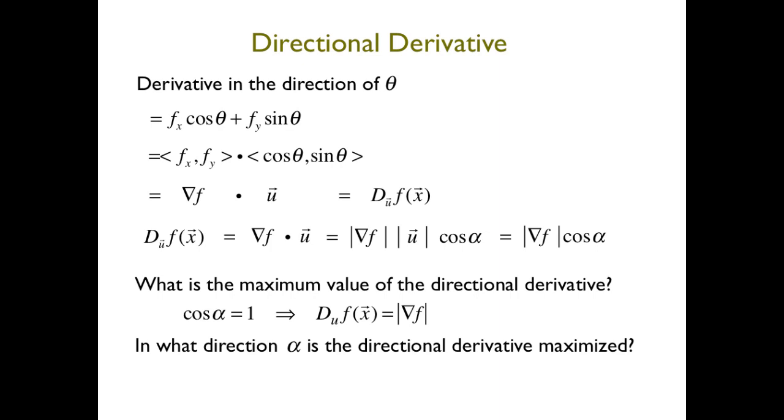So which direction are we going to point u to get that maximum derivative? We want alpha to be 0, so we're going to point it in the same direction as the gradient. If we want the maximum rate of change, we're going to make u in the direction of the gradient. And when u is in the direction of the gradient, we're going to get the maximum rate of change of all u's, all the way around.